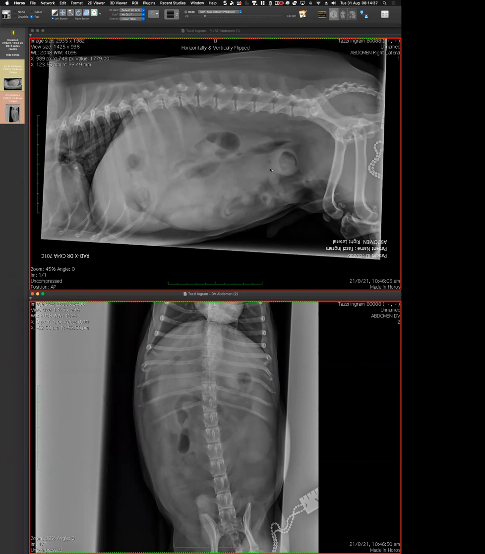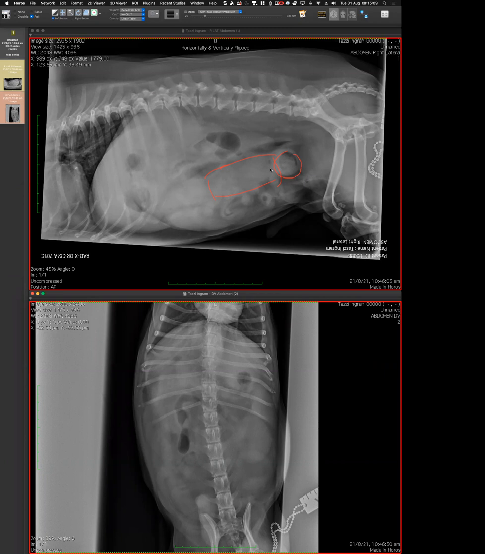And it may or may not be connected to this area, which is sort of slightly mottled soft tissue opacities. And I can't discern these two structures on the DV. I guess the reduction in detail is a little less obvious on the DV.